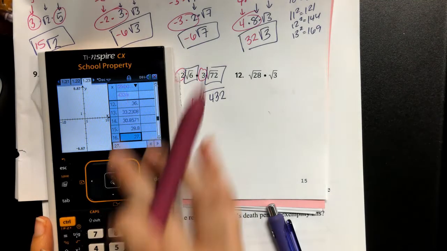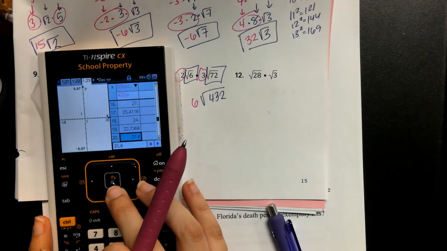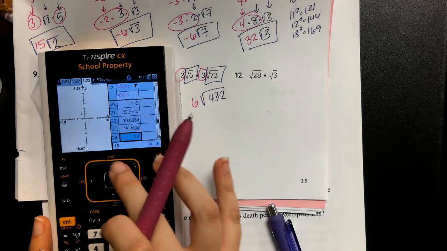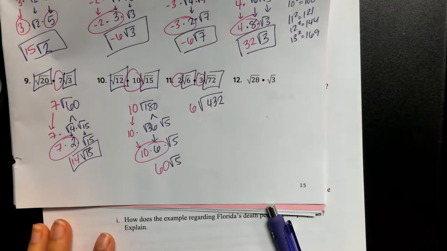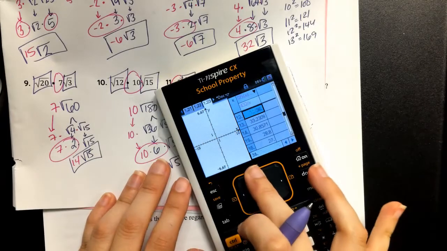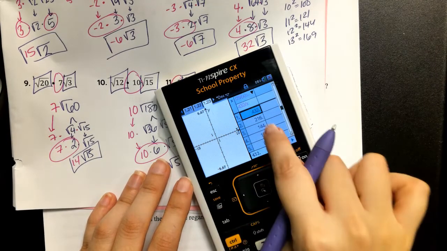36 is a perfect square, but 144 trumps it. It's bigger. 18 and 24. 24 and 18. We repeated. We can stop looking. So 144 was our biggest perfect square. Here we go. 144 and 3.